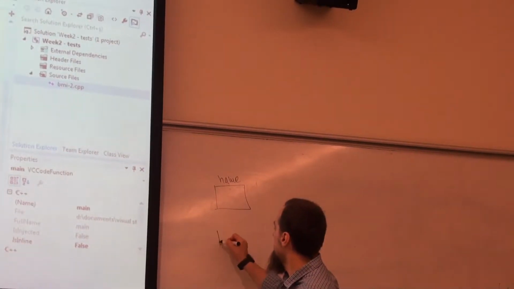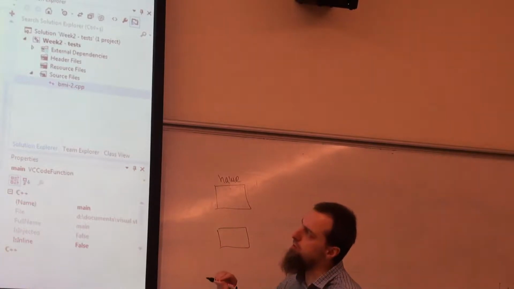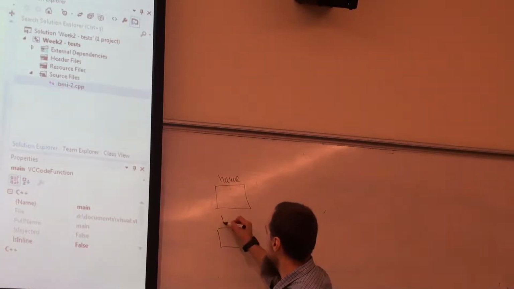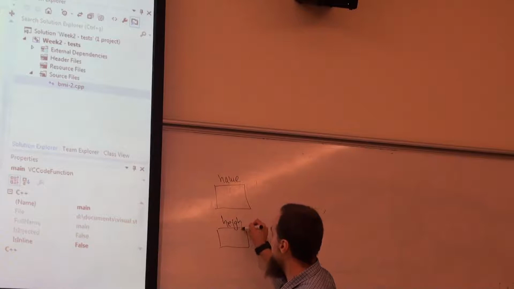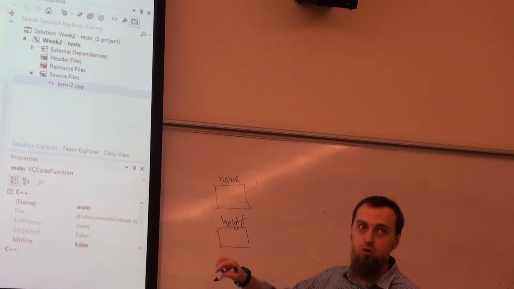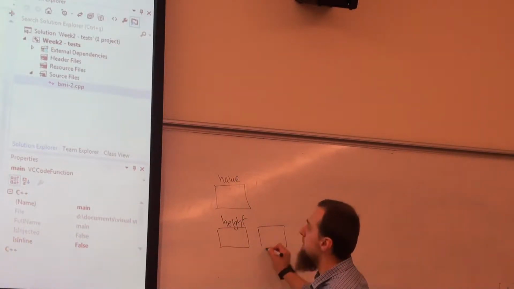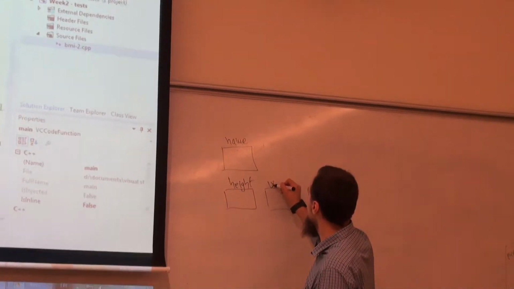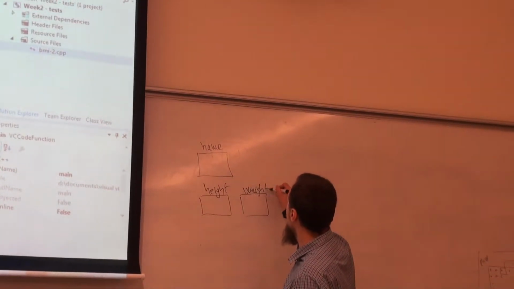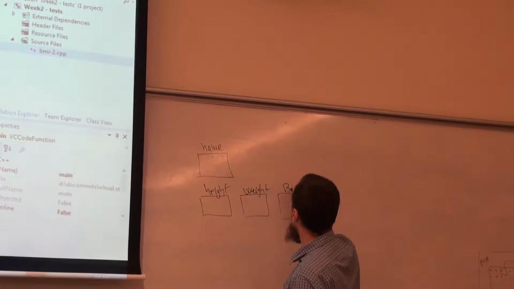Also, you should reserve 4 more boxes, which are of type float. One of them is called height. The other one is called weight. And the third one is called BMI.